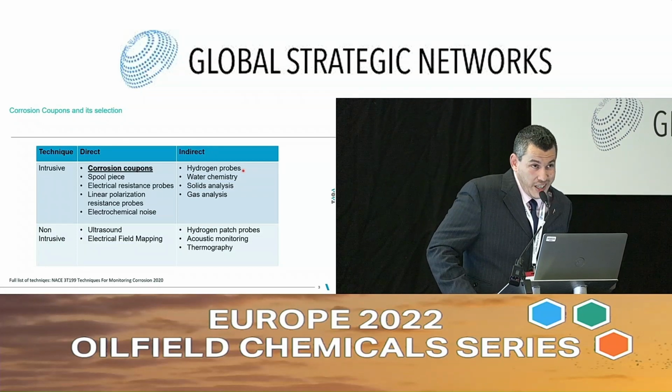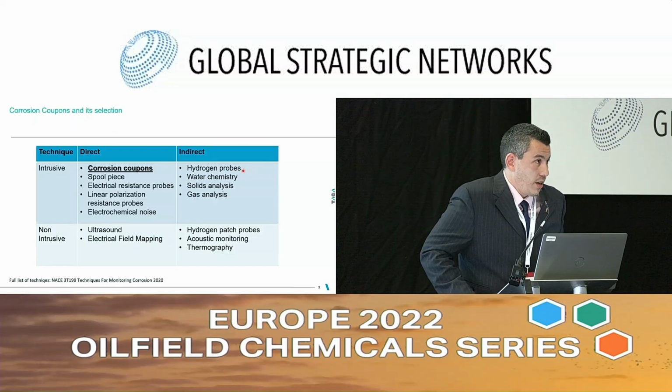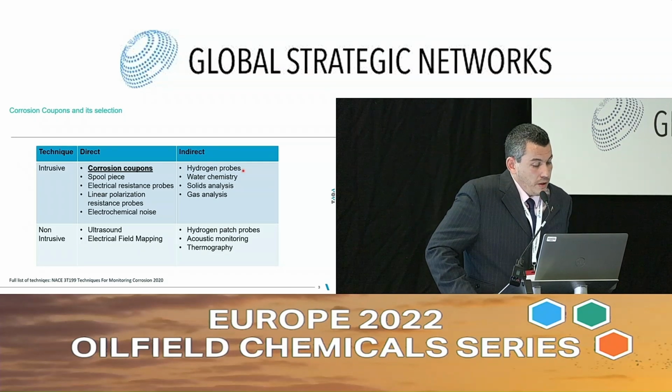You also have indirect techniques. Those are the hydrogen probes, quite useful to assess embrittlement, for example, with hydrogen. You also have, as an indirect technique, the water chemistry analysis.